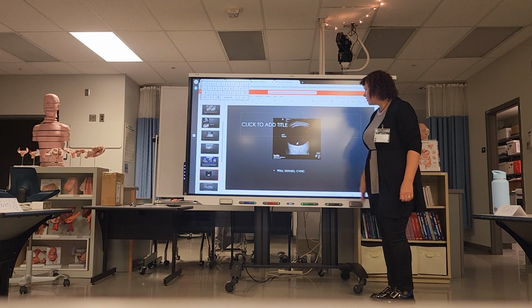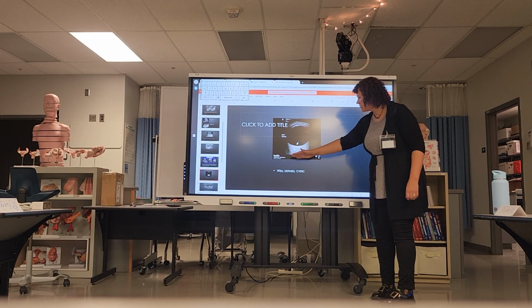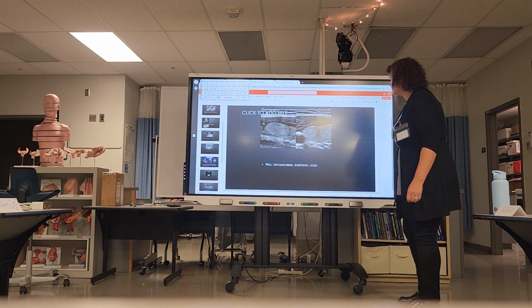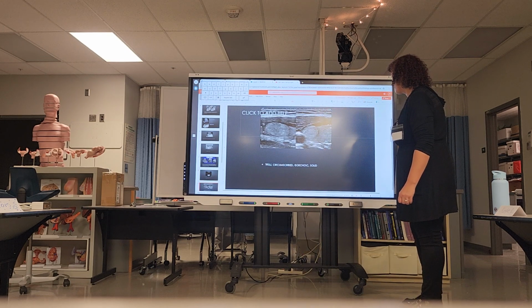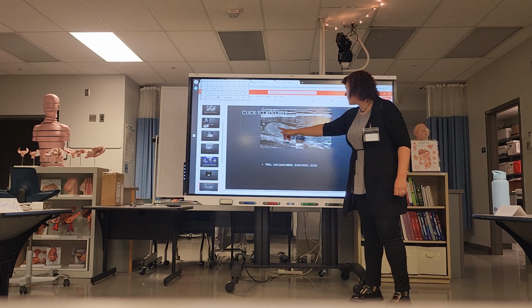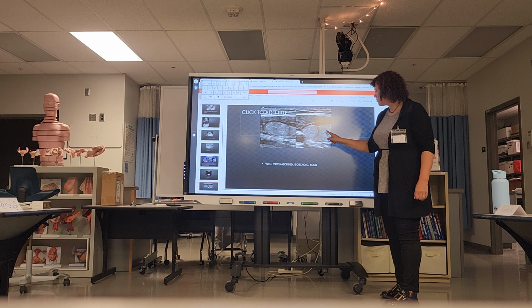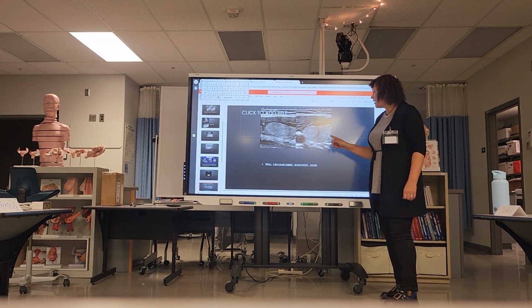Another cyst with posterior enhancement. All right, how would you describe the echogenicity of this mass? This is the tissue that we're comparing it to. Isoechoic, yes. And what about the borders?